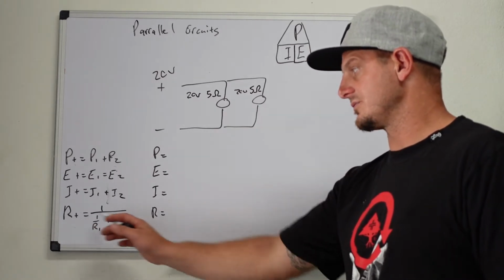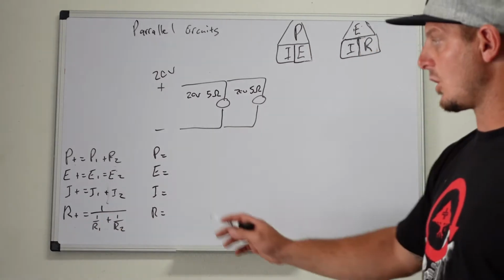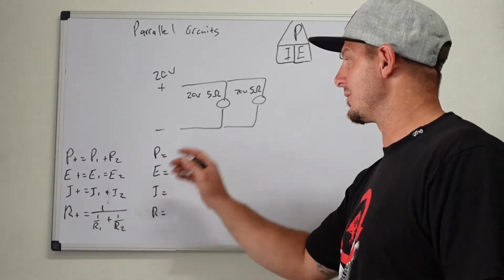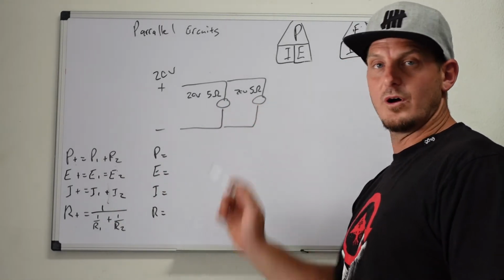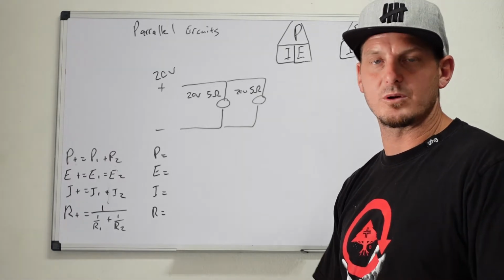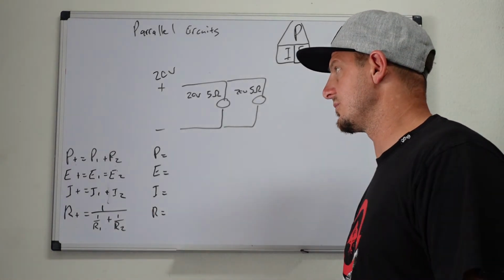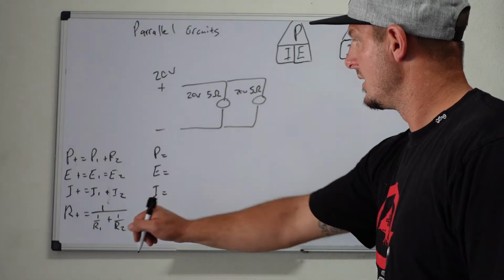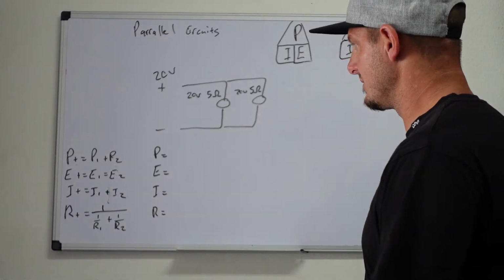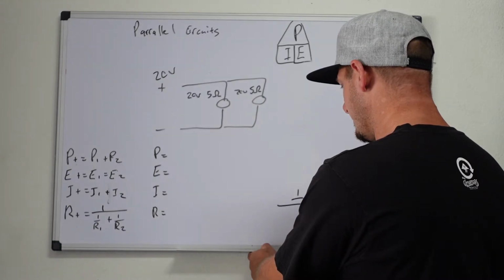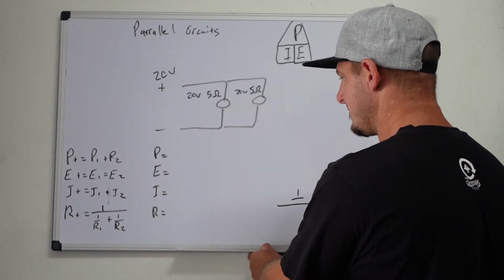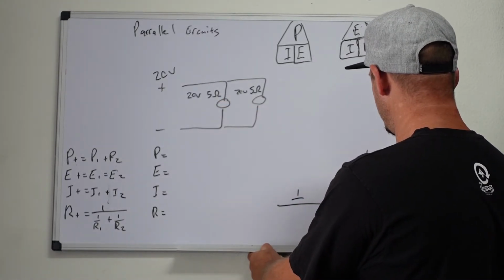Now the thing that changes and confuses a lot of people, especially myself when I was first learning, is this formula. The total resistance is going to be lower than your smallest amount of ohms. How does that work? It works based off this formula here, right? To find our total resistance, we take 1 over 5, which is going to be 0.2.